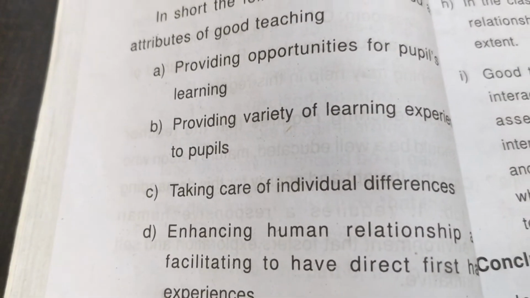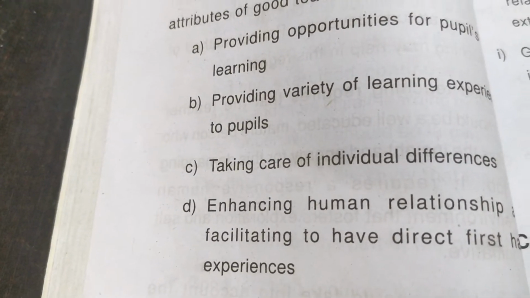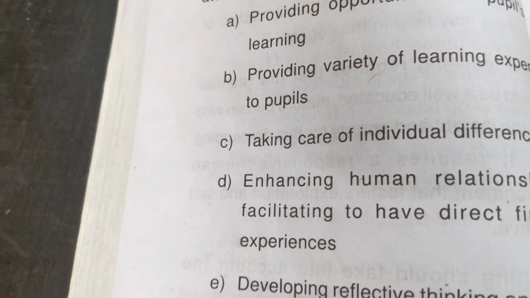But you have to treat every student equally, and give equal importance to all students. Only then can we say that this teacher is a good teacher who is giving equal importance to all, and is doing good teaching for all the students.